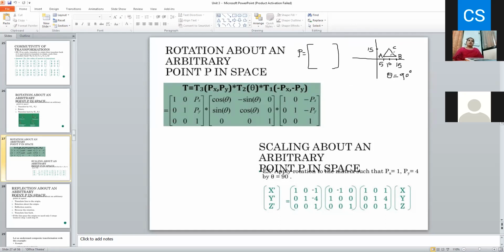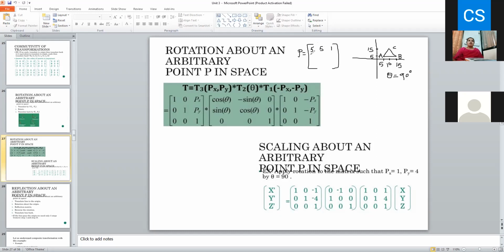So the point A having coordinates. Oh, I have forgotten to write this. This is 5. So coordinate A is 5, 5 and the overall scaling factor 1, so that xy will remain as it is.